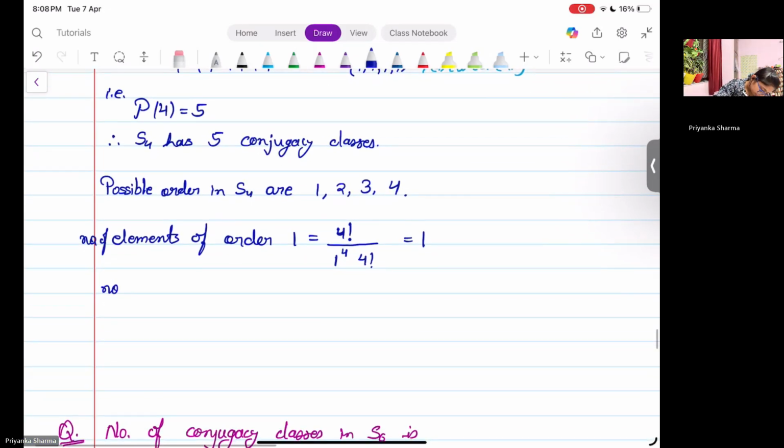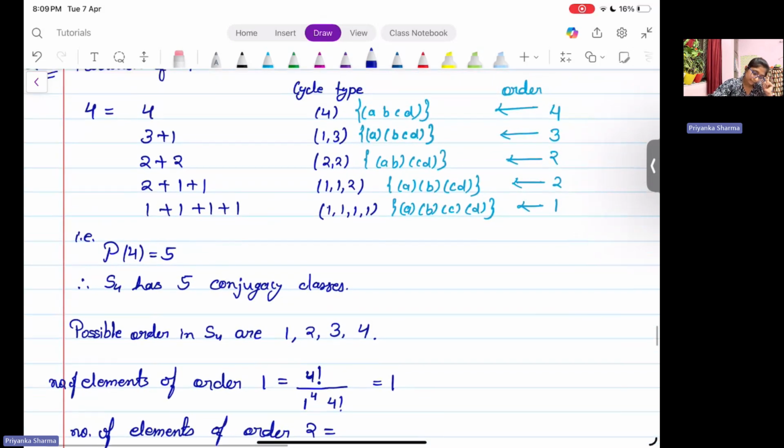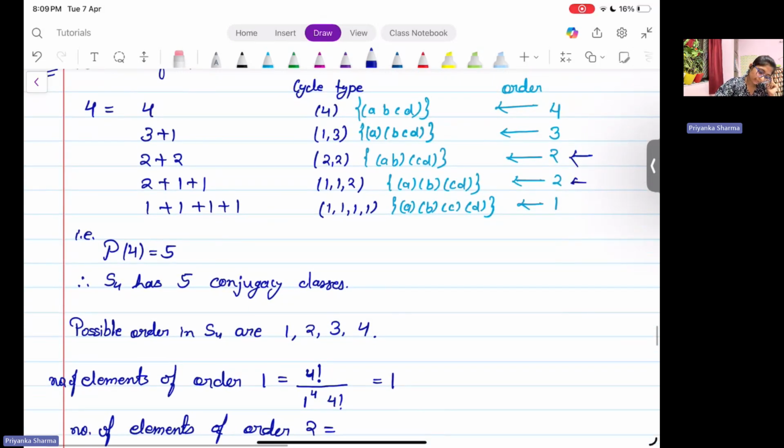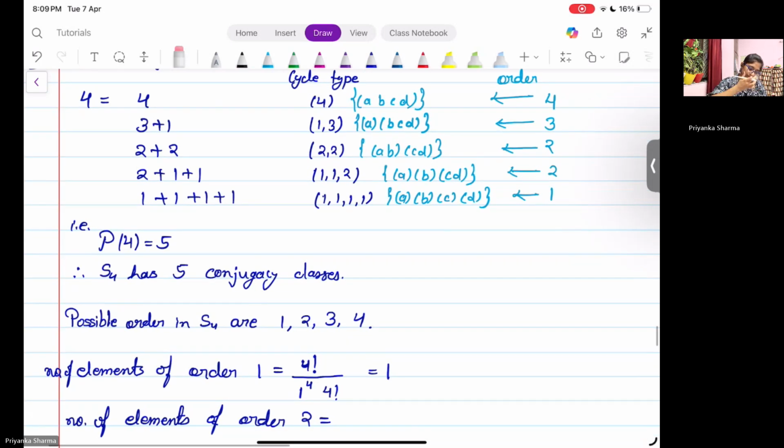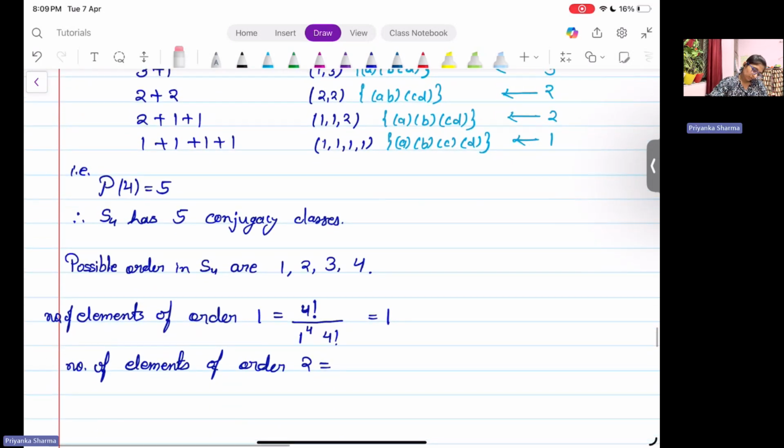Now, number of elements of order 2. For that, we have these two categories. We need to sum them. Okay.